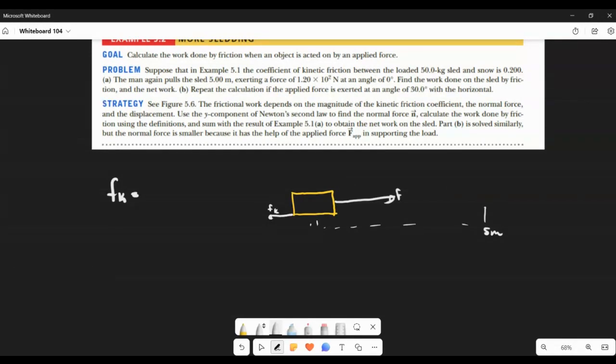What is my friction equal to? Guys, I'm waiting for the formula for friction before I move on.